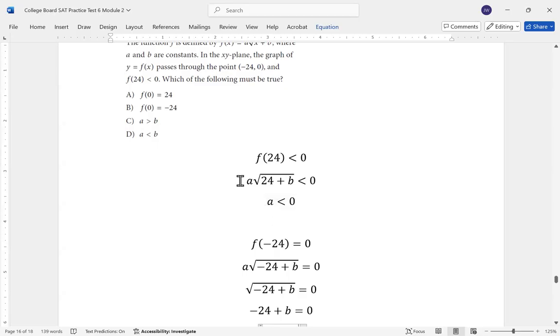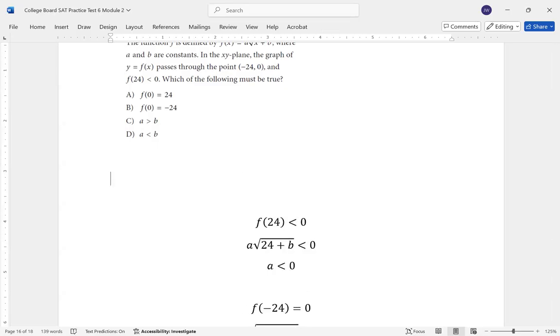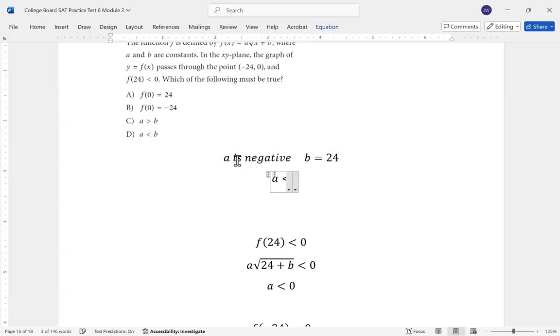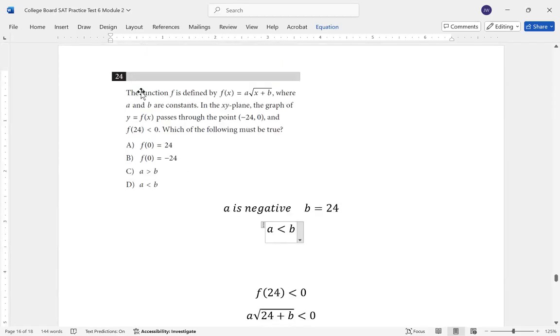Since a is negative and b is equal to 24, that means a is going to be always less than b. No matter what else happens, a has to be less than b. And so D is the option that has to be true. So D is the answer to question 24.